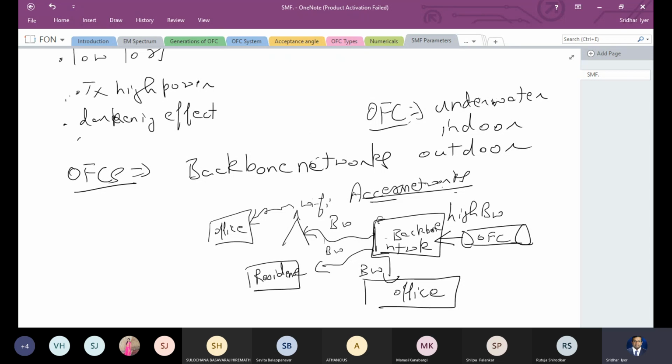Probably that much is required for someone who's playing games online or watching a lot of movies, but for daily usage you don't require that kind of bandwidth. So getting a direct OFC connection may not be a good idea. It is always advisable to get an access network for which the backbone network is the optical fiber.